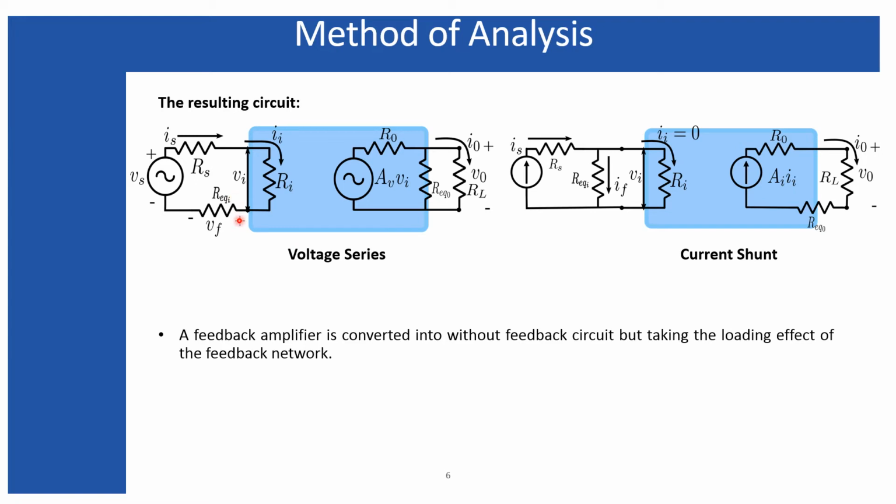That means the equivalent impedance looking from the output terminal of the feedback network, as well as the equivalent impedance when you are looking from the input terminal of the feedback network. So those two resistances are taken into account into the original amplifier, but this amplifier is converted into the without feedback network. But without feedback network is for the purpose of our analysis.